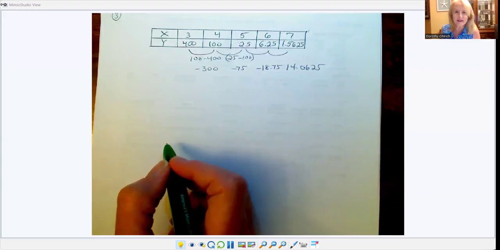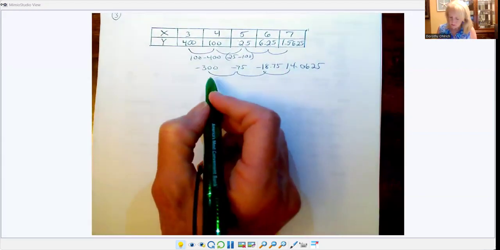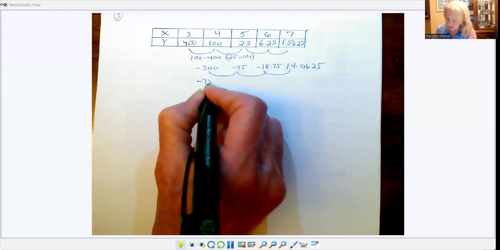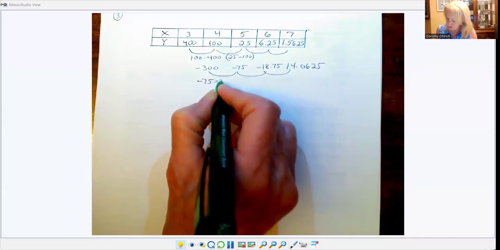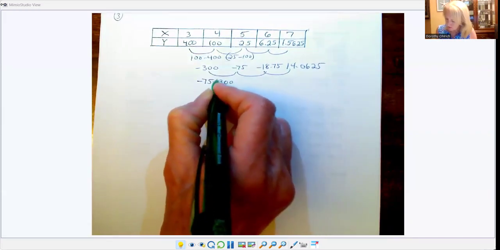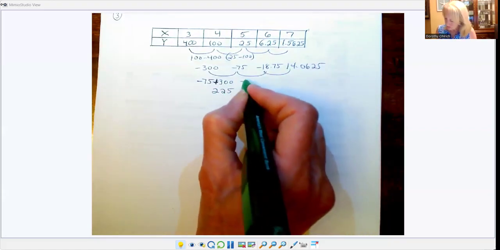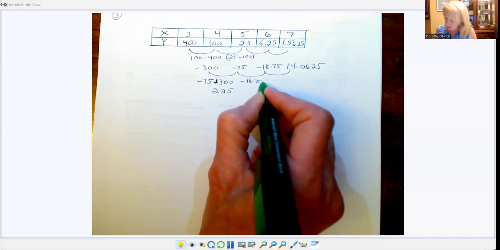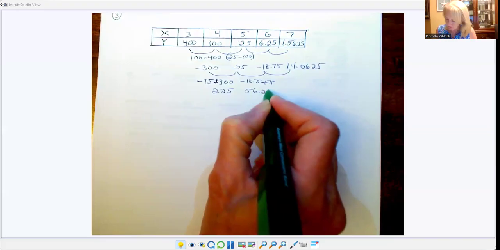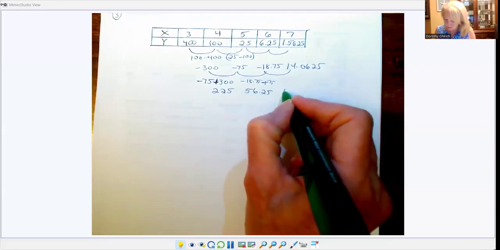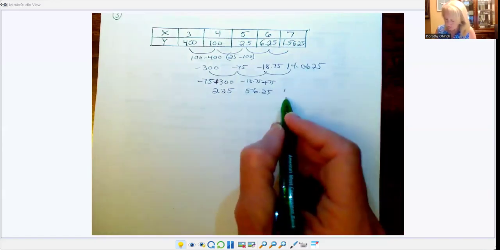We did not find anything remotely close to being the same. So then when we subtract -75 minus -300, that becomes a positive sign, and that's 225. -18.75 minus -75 is 56.25, and this minus this is not going to be the same either.